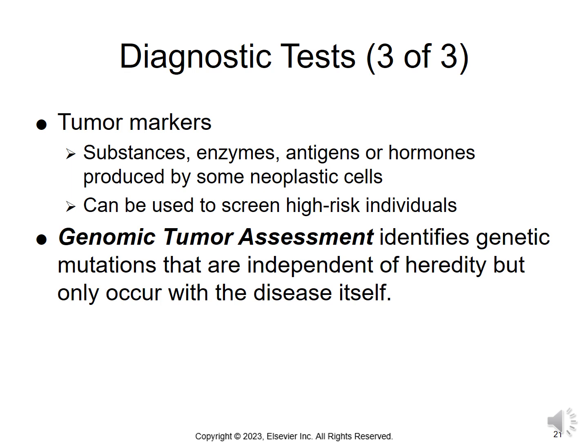Examples include carcinoembryonic antigen for colon cancer, human chorionic gonadotropin for testicular cancer, alpha fetoprotein for hepatocellular cancer, CA125 for ovarian cancer, and prostate specific antigen for prostate cancer. Many of these substances are present with other diseases, so the presence doesn't necessarily mean that the person has a positive diagnosis of cancer.